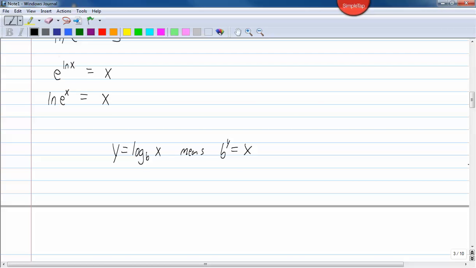Alright, and just because we throw e in there as a special logarithm doesn't mean anything changes. Y equals log base e of x means that e to the y equals x.